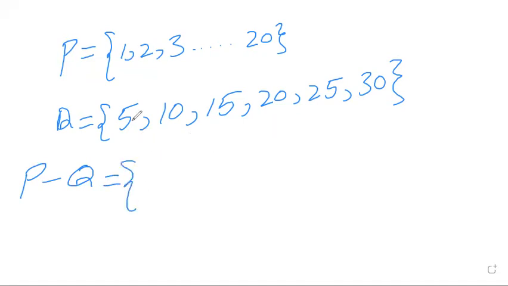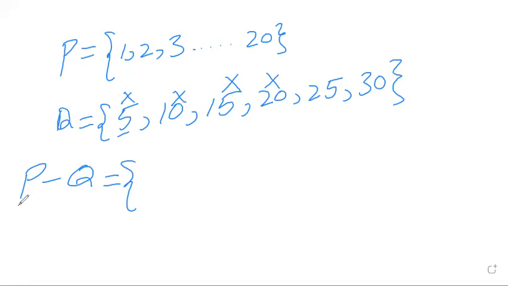Now first you will highlight which are in both. For example, 5 is here, of course 5 will be here because after 4 comes 5, 6, 7. So 5 is in both, okay? 10 is here, 10 will be here also, because it's till 20, all elements. 15 is in both, 20 is in both.